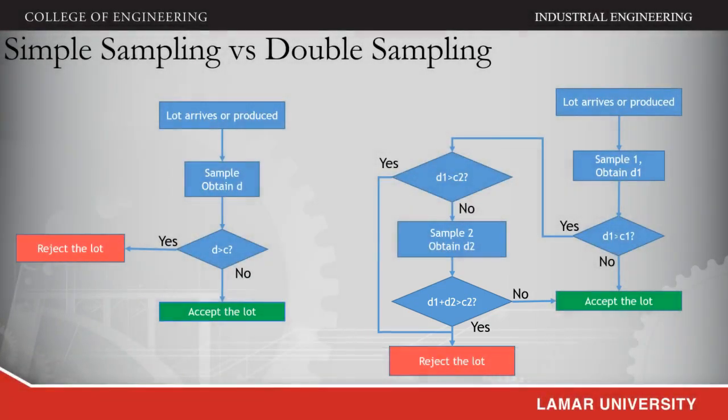That's our final decision for a double sampling plan: if the total of defects exceeds acceptance number 2, then we reject the lot. But if it's less than or equal to that acceptance number, then in the second attempt we accept the lot. So the computation of the probabilities of accepting the lot in this case depends on the previous results and the possible results, and we're going to discuss how to compute this.